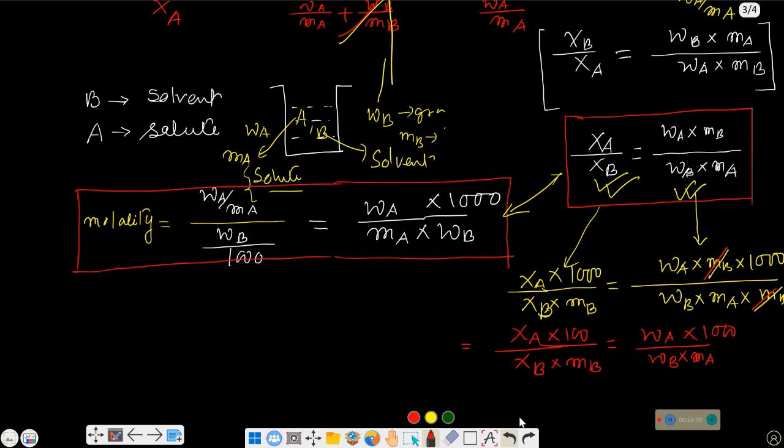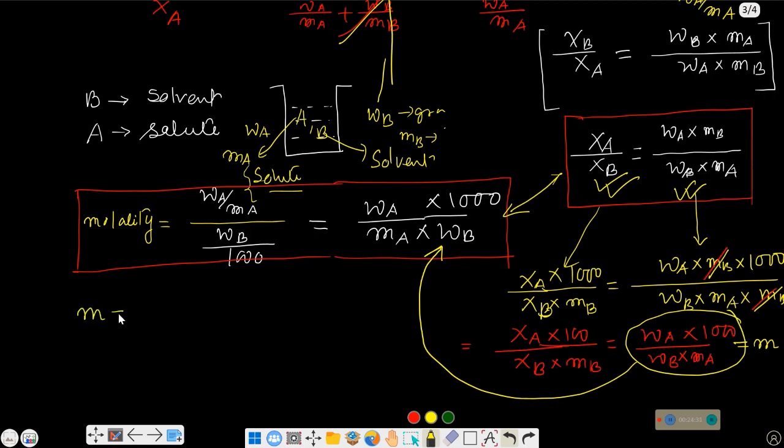Now what is this equation? This is nothing but your molality, right? So you can write it as equal to molality. So now what we got, the relation, is that M stands for molality.